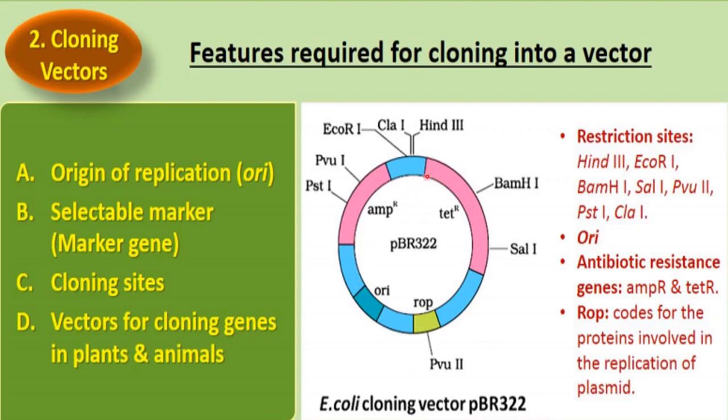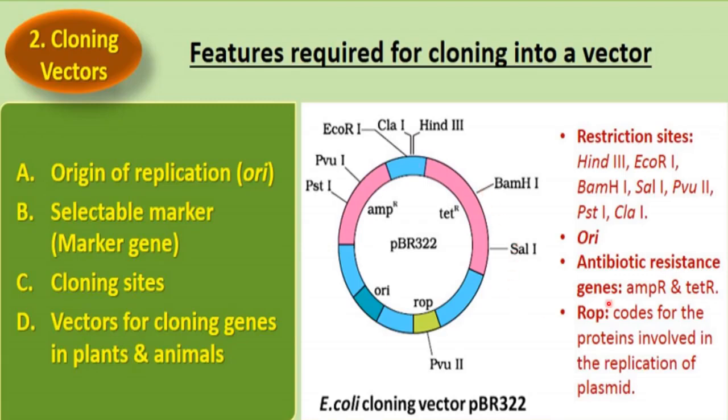You need to make this diagram and learn all these restriction sites present in this cloning vector: PstI, PvuI, EcoRI. All these restriction sites you need to learn, and their exact positions also.